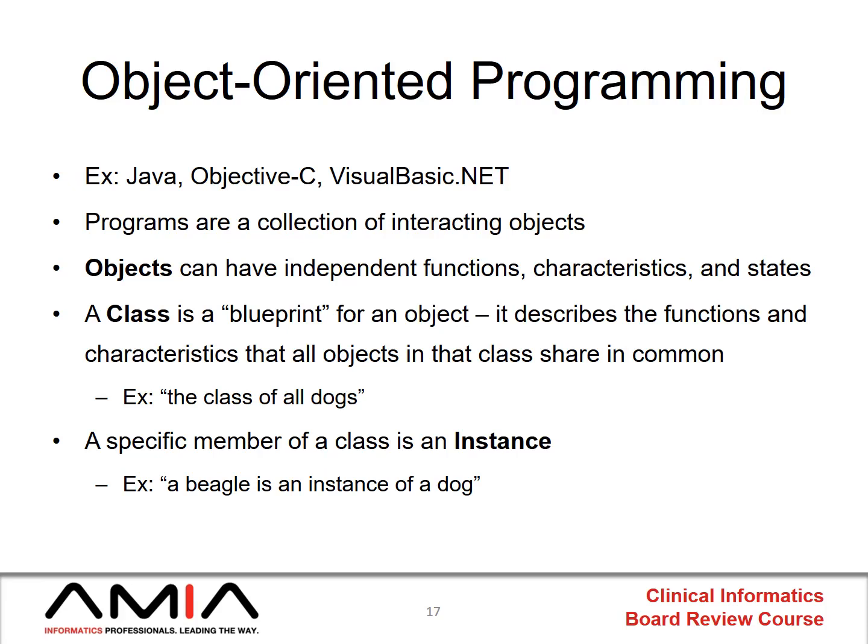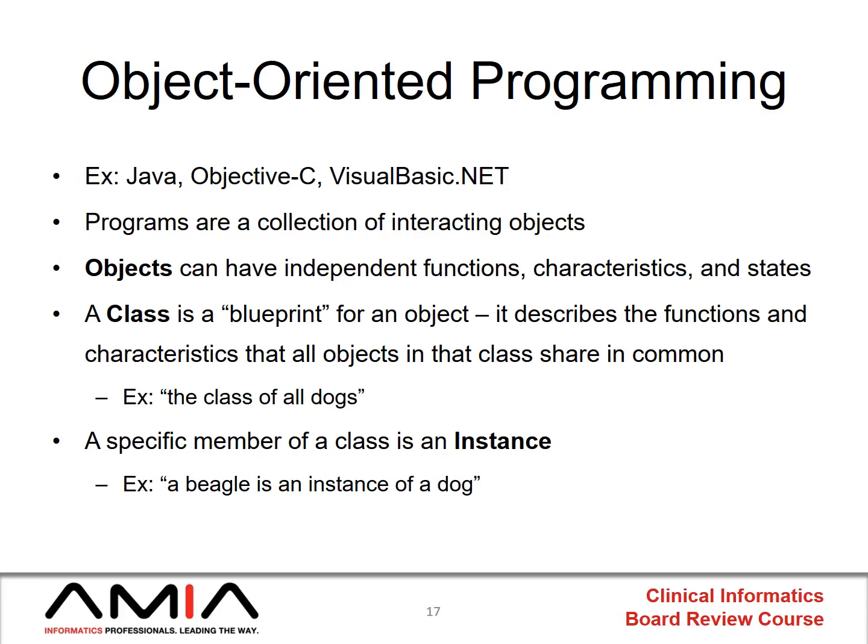So we have to back up a little bit and talk about this. An object in the software sense is a piece of code that can have independent functions, different characteristics, and can occupy different states. When you create an object, you first have to define the blueprint for that object, and this blueprint is called a class.